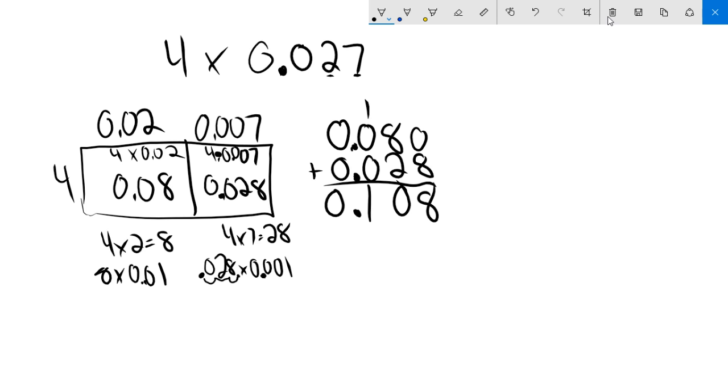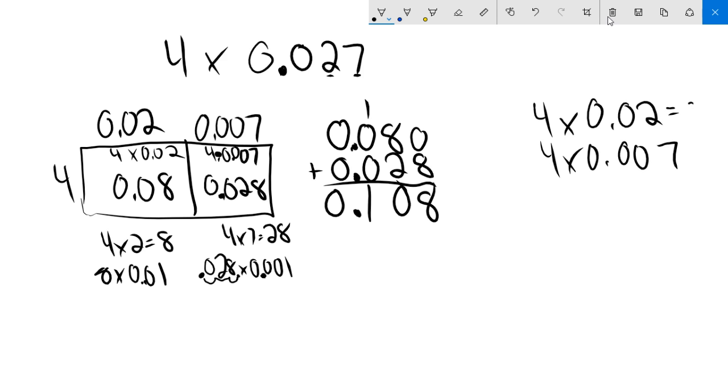Okay, and we could do the same thing with partial products. We'll do it quickly because I know you're ready to move on. So doing that, we would do 4 times the 2 hundredths. Then we do 4 times the 7 thousandths. Okay, what a surprise. We get the exact same answers. This is 8 hundredths.